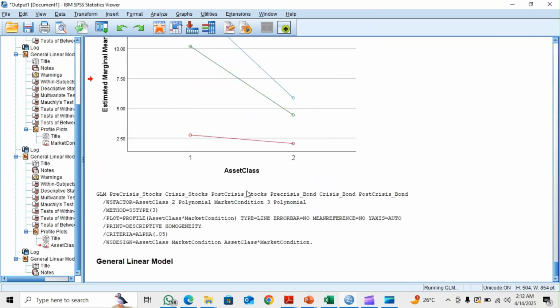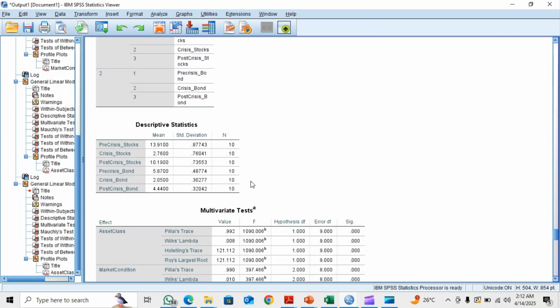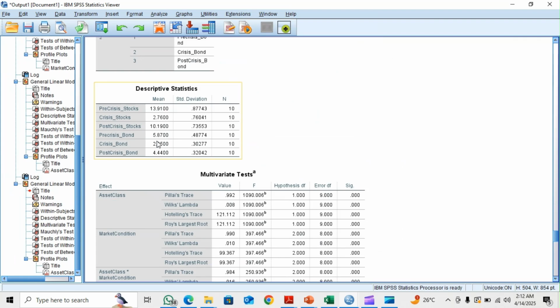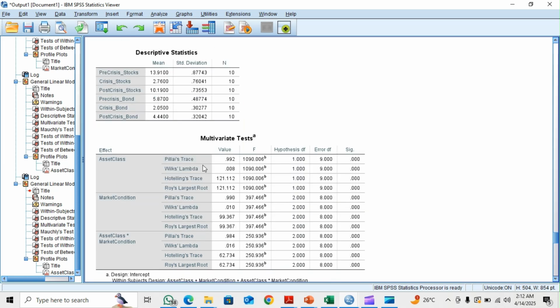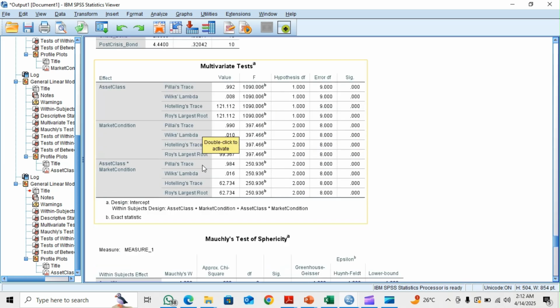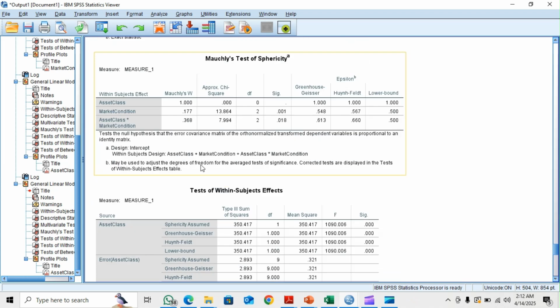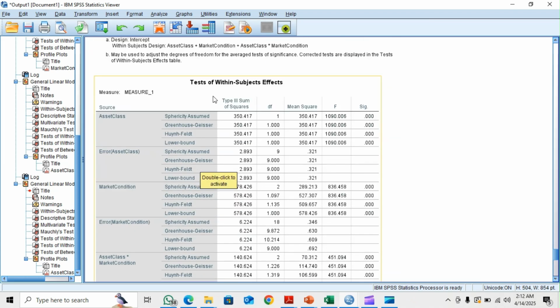When I run the experiment, I'm going to see the descriptive statistics, the mean of each of them, and I'm interested in the test of within subject effects.